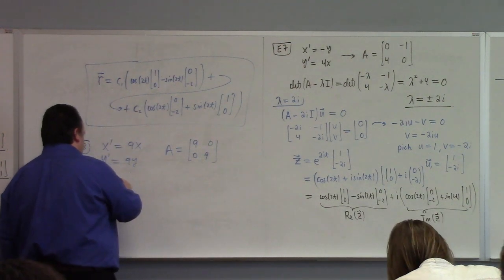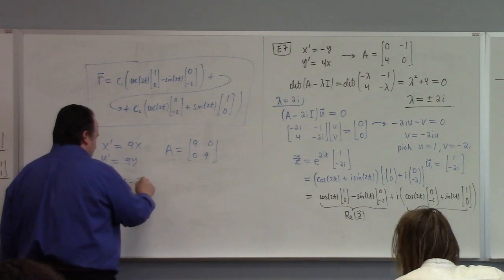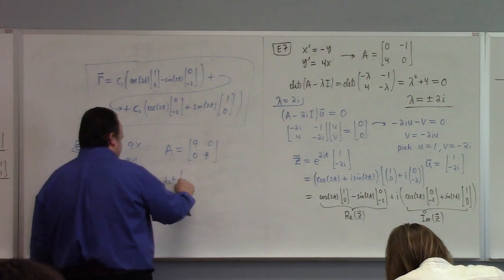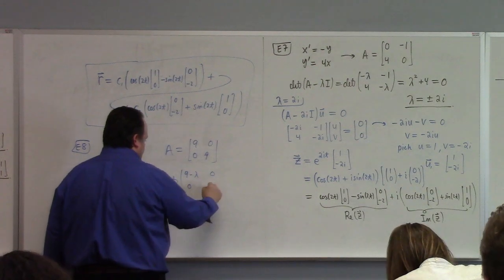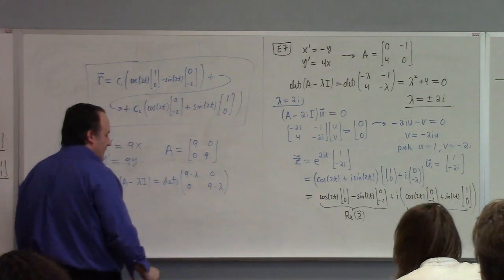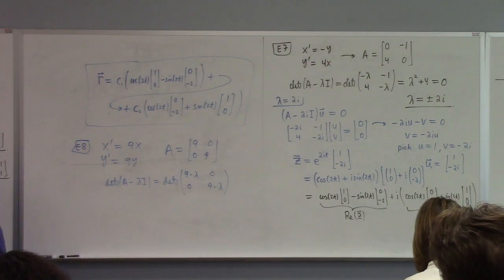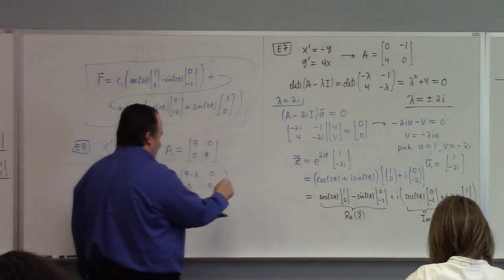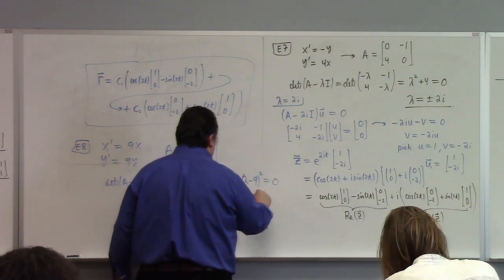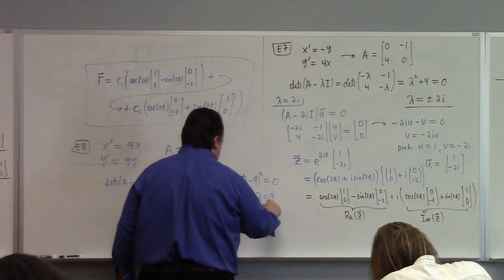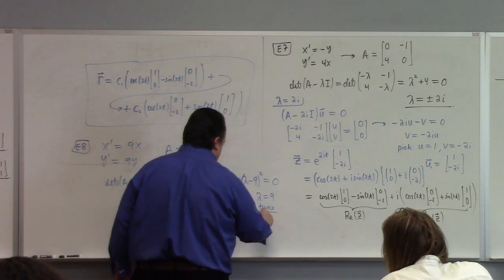What's the determinant of A minus lambda I here? So therefore, lambda equals 9 twice, right?